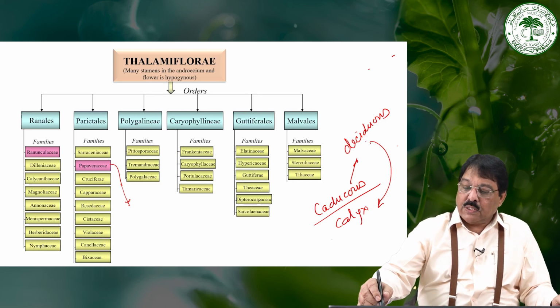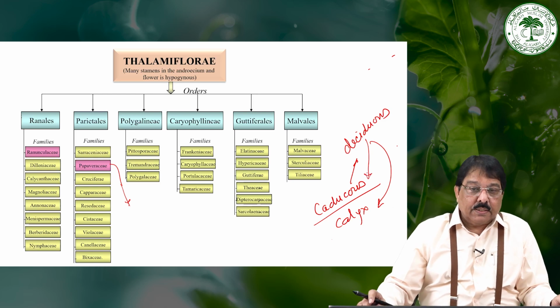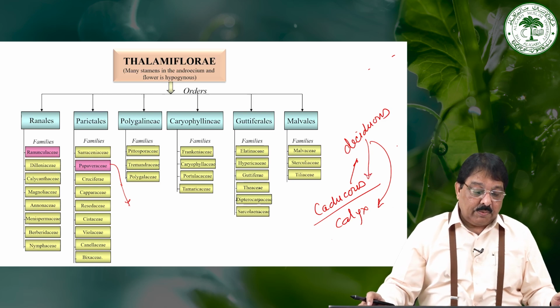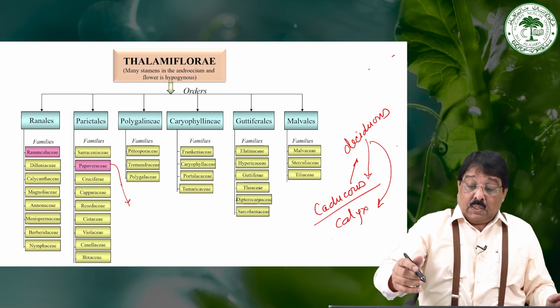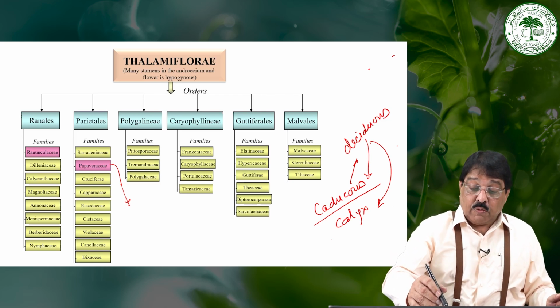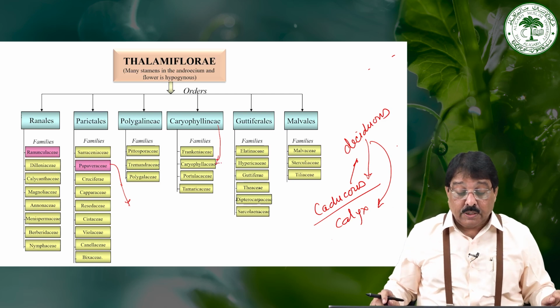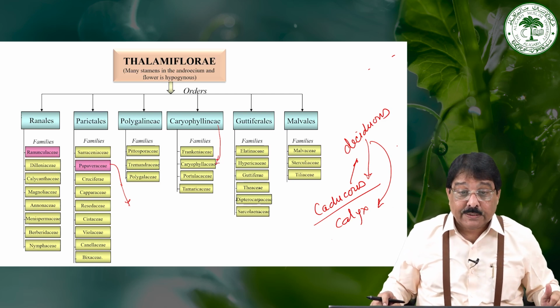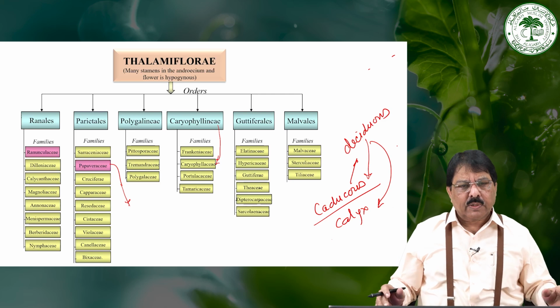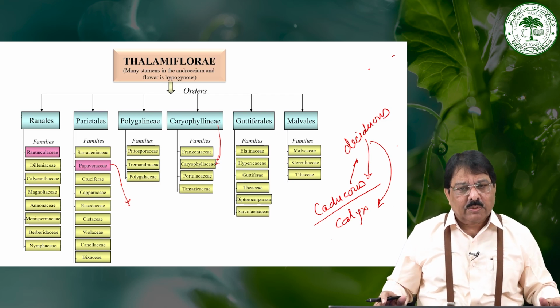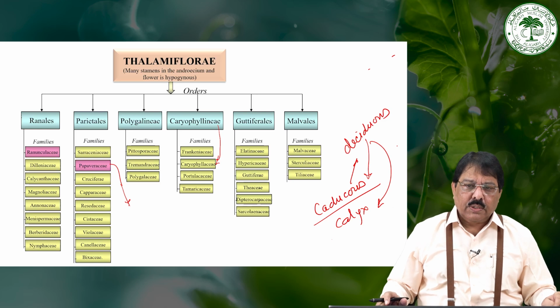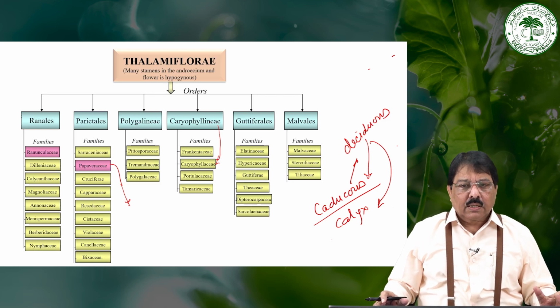So this is the peculiar character of the Papaveraceae. On that basis, we can identify the family. Then we also have an important family, the Caryophyllaceae. I'm highlighting only those families which are in your syllabus, and how you identify them.